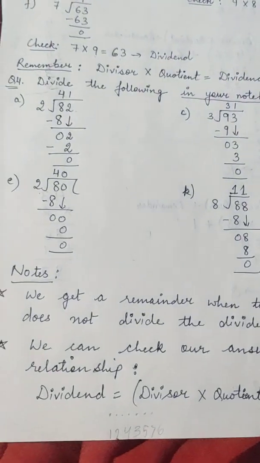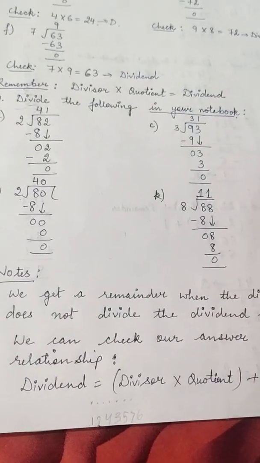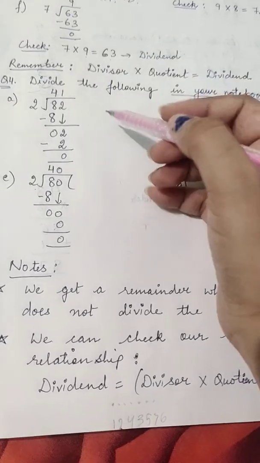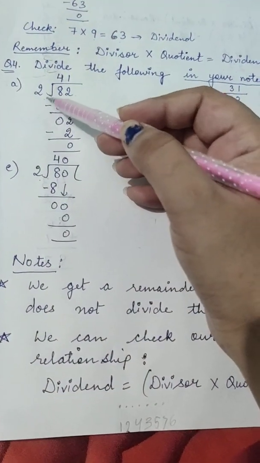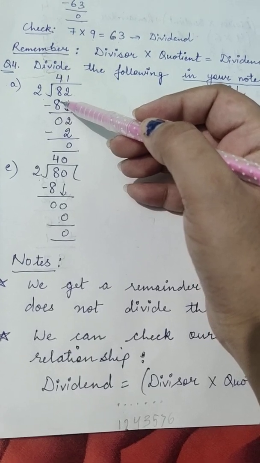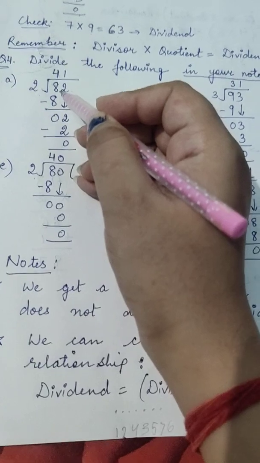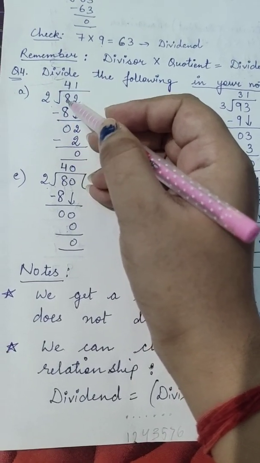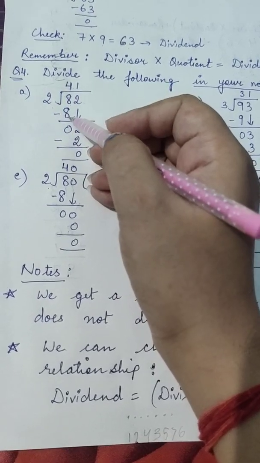Next is your question number 4. You have to divide the following in your notebook. This question you have to do in your notebook. First is 82 divided by 2. Now we have to read the table of 2. We will consider the first number: in the table of 2, 8 comes at the 4 place. 2 4s are 8.